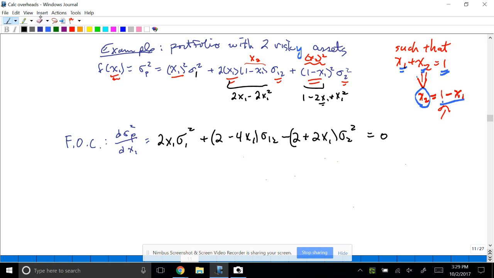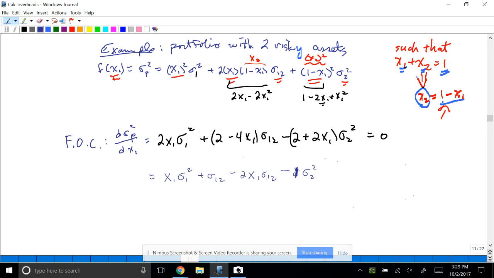All right, so one thing we can do is factor out our 2's, or divide both sides by 2. So we get x1 times the variance of asset 1, plus the covariance, minus 2 times x1 times the covariance, plus or minus 2 times the variance of asset 2. We factored out the 2.